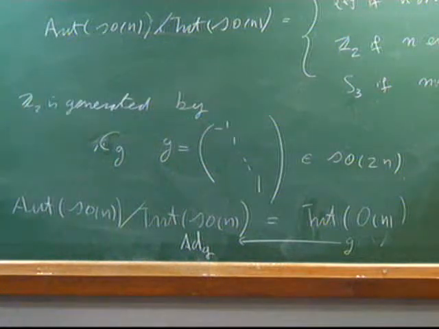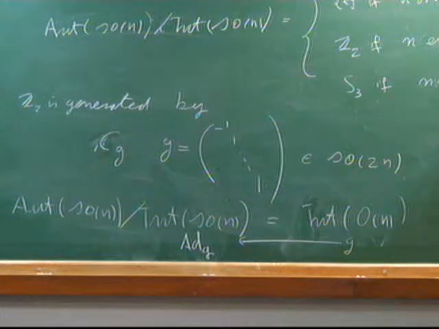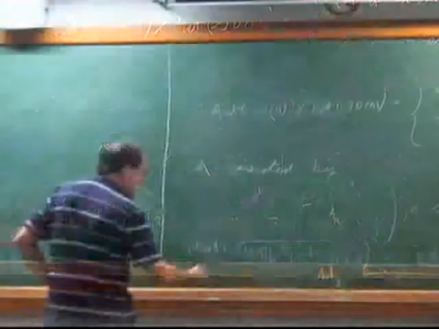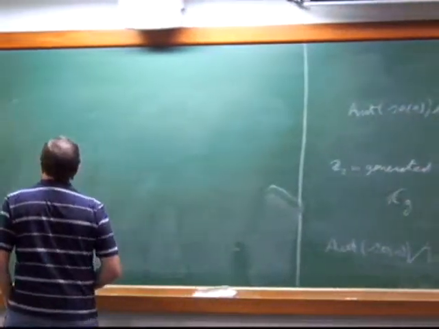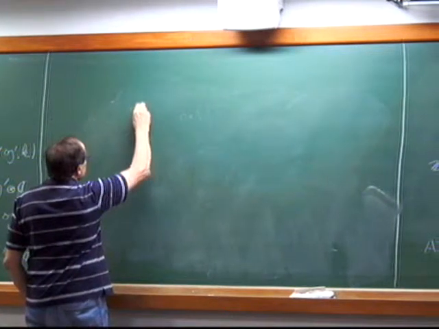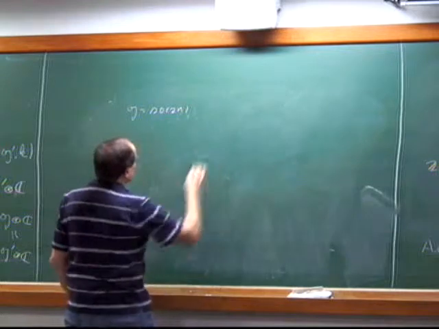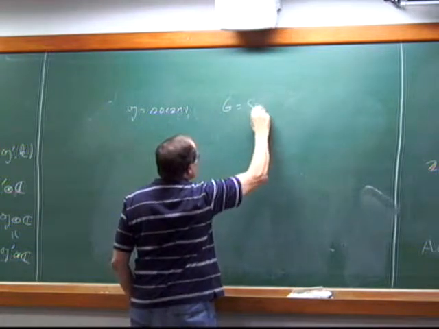It becomes, on the Lie algebra level, of course, conjugation. So what do we have to do? So g is SO2N, Lie algebra g is so2n.